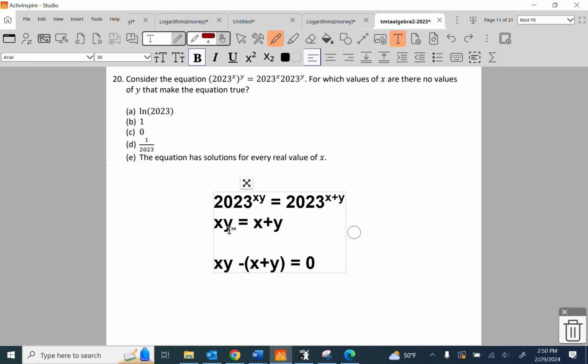And actually, do we even need to do that? No, we don't need to do that. So these are x values. Let's plug them in and see what we get.